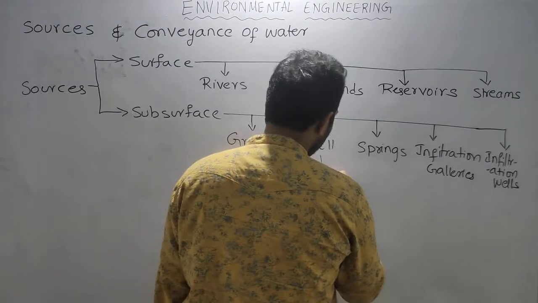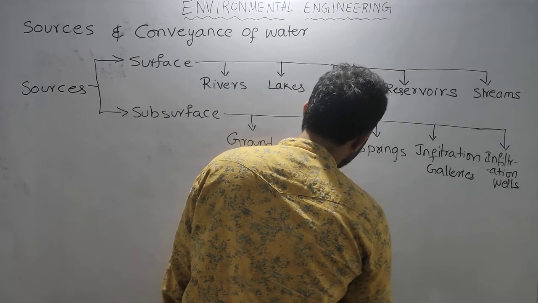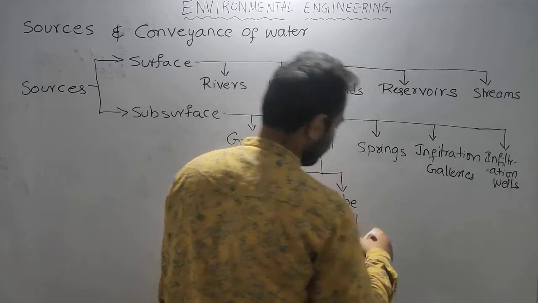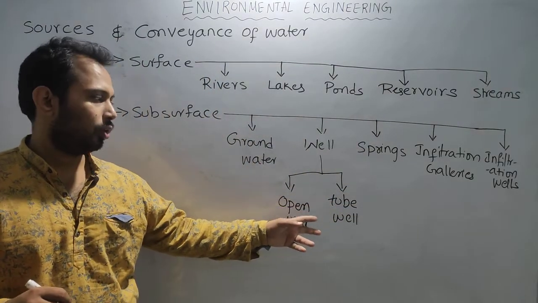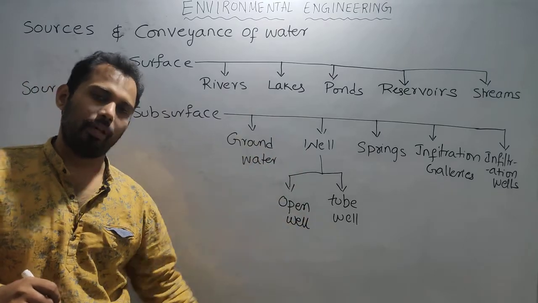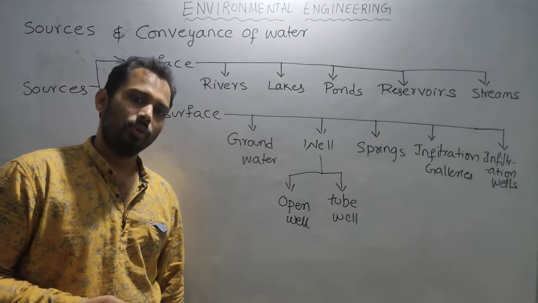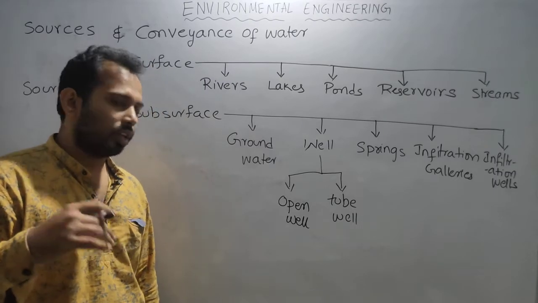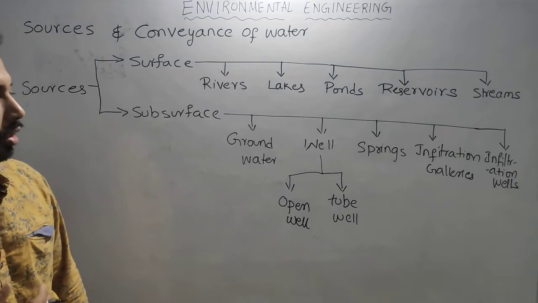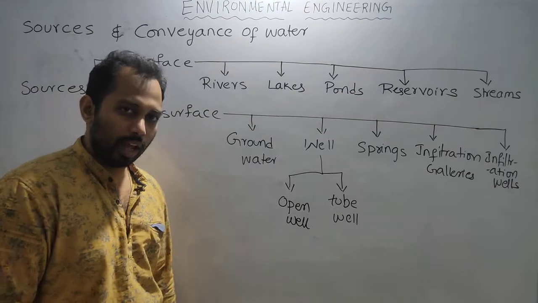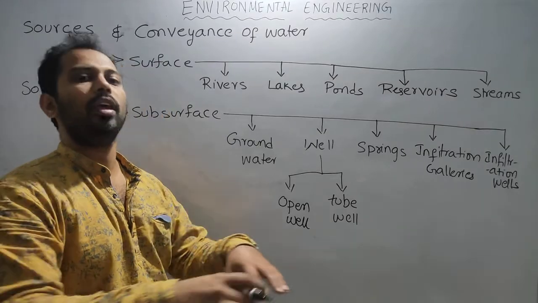Tube wells we generally penetrate into the deeper crust. So if you compare the open well and tube well, the depth of the tube well will be much greater, because in cities these days we are using tube wells only, in which you install a pump and pump the water. So generally the tube well depth is very high, though the diameter is less, whereas the open well diameter will be very high.